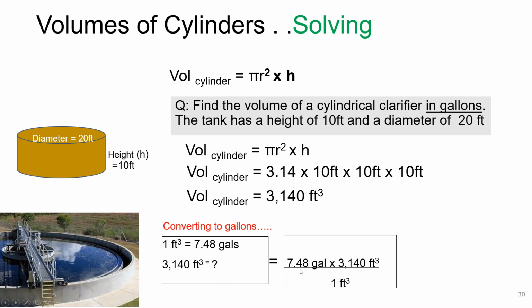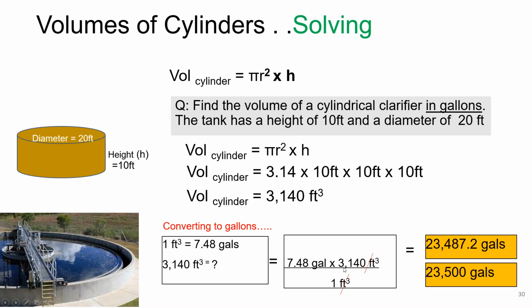So cross multiplication, that will come to 7.48 gallons multiplied by 3,140 cubic feet and divided by 1 cubic foot. Cubic feet and cubic feet will cancel with each other, and the value that's remaining is gallons. So my answer will now be in gallons, 23,487.2, which can be rounded up to 23,500 gallons.